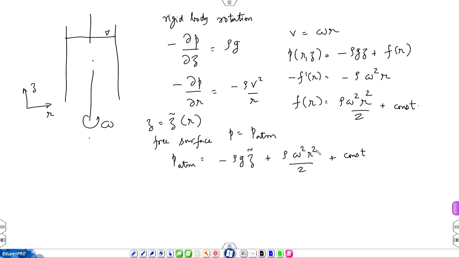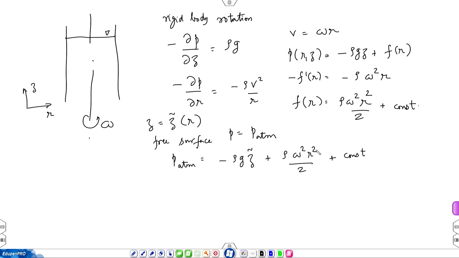So, z tilde scales with omega square r square. So, with a positive sign, so that is a parabola.